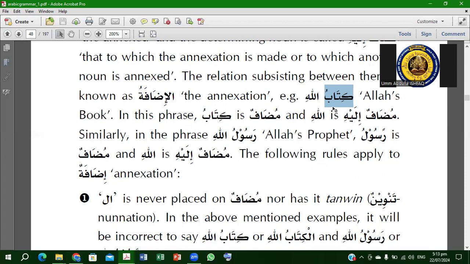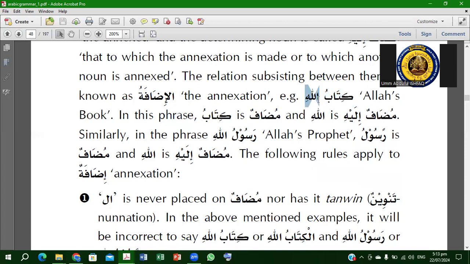Both ways it is not possible. It is light, kitabu instead of kitabun. Remember? Kitabun is a heavy word. Kitabu is light. You remove the sound of noon, it becomes light. So it should be light and without alif lam. Mudaf will always be light, without alif lam.